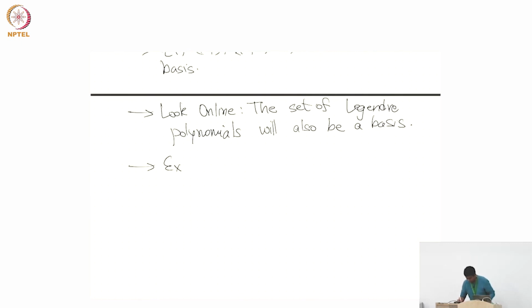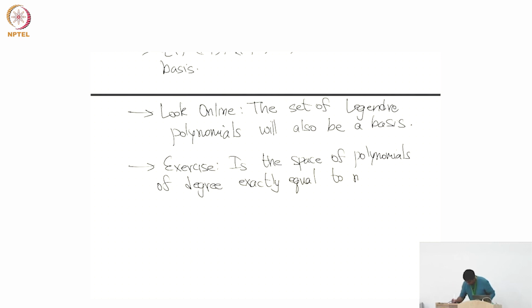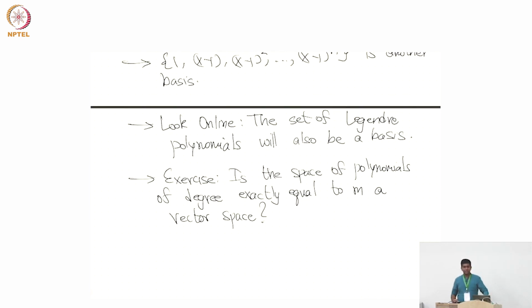Again, an exercise: is the space of polynomials of degree exactly equal to m a vector space? Does anyone know the answer by any chance? It's not, is the right answer, but why?